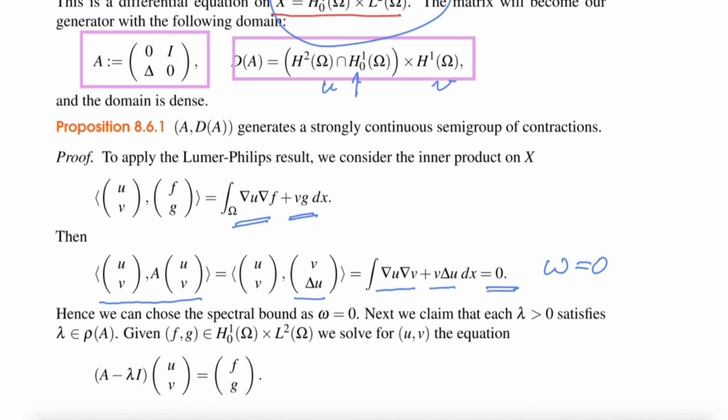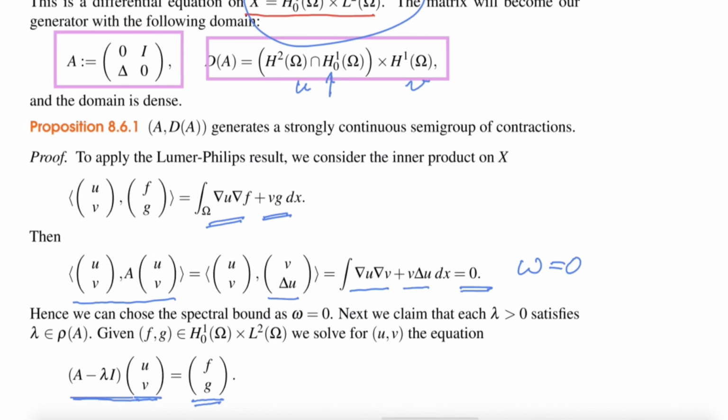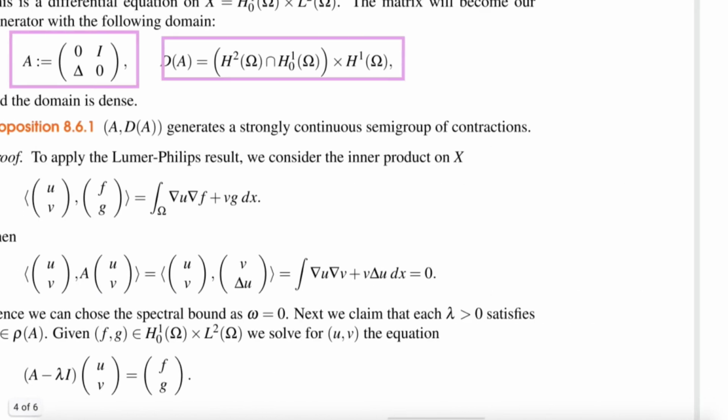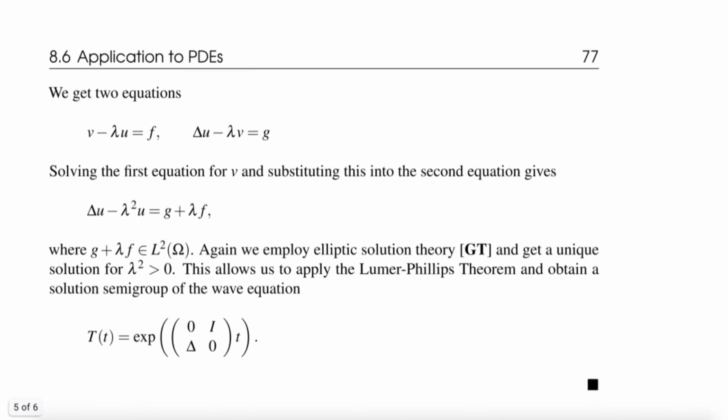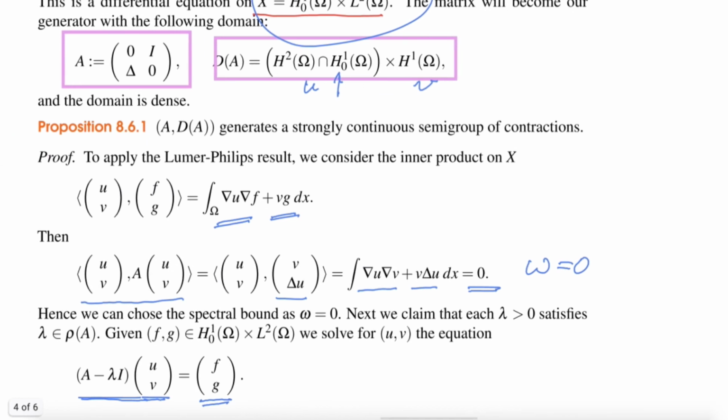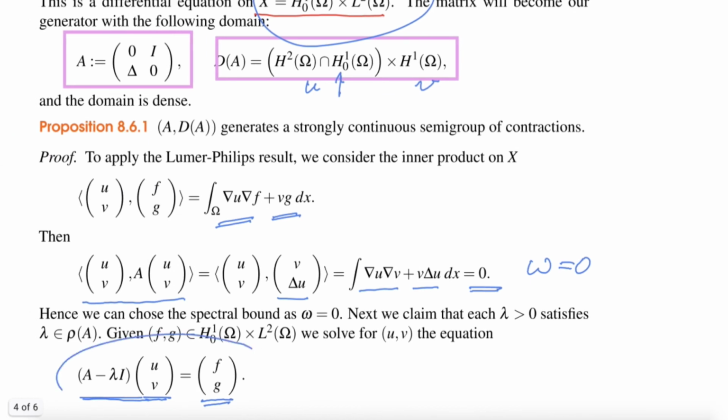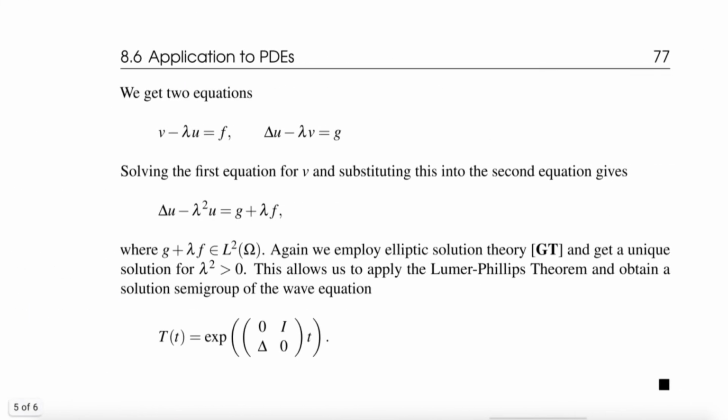Next we need to find one lambda 0 where we can actually find a resolvent, or at least where the operator is onto. So given (f, g), we want to find (u, v), so that (A minus lambda I)(u, v) equals (f, g). And guess what? This again leads us to elliptic theory. First of all, it leads us to two equations. If you write this previous equation out, you get two components: v minus lambda u is f, and Laplace u minus lambda v is g.